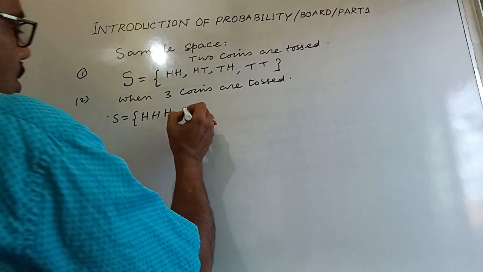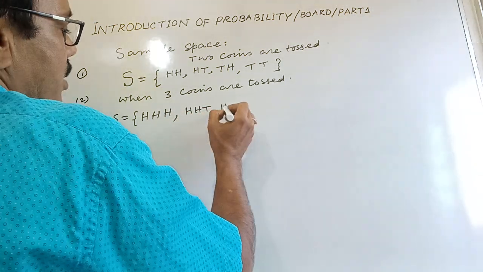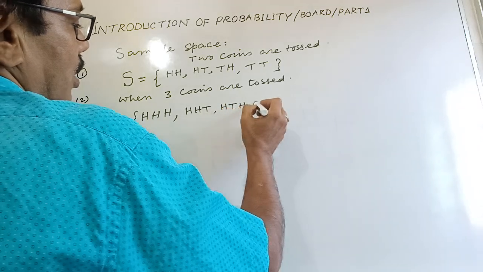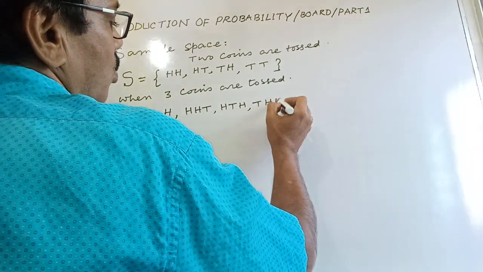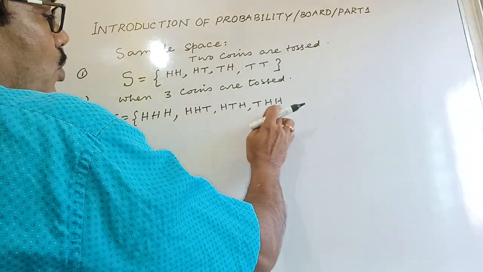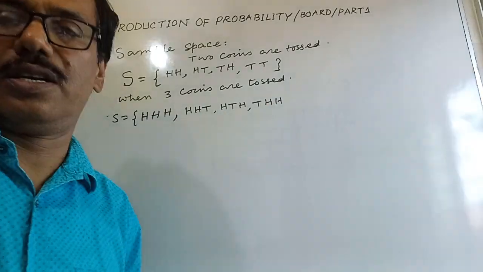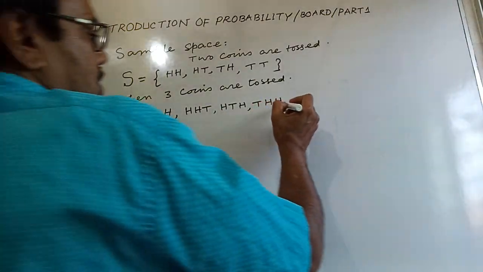Then 2 heads: HHT, HTH, THH. Look, 2 heads: HHT, HTH, so the position of T only changes. How many cases? 3.